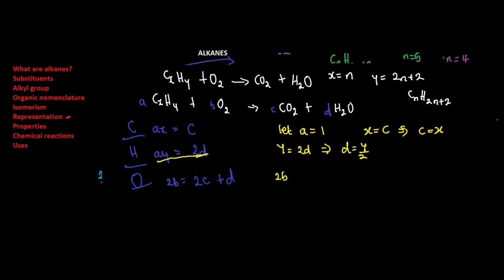Now we could substitute c and d in this case. So 2b is equal to 2c, which means c being x, plus d, which is y over 2. This means that 2b is equal to 2x plus y over 2. Dividing through by 2 would have that b is equal to x plus y over 4.